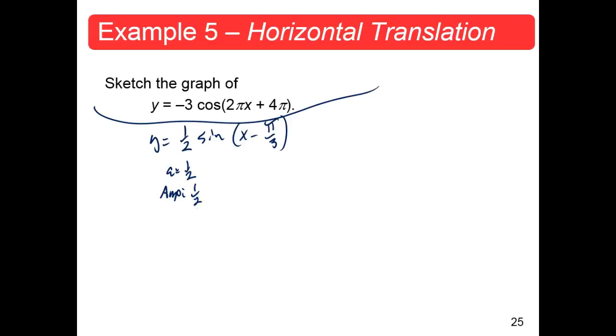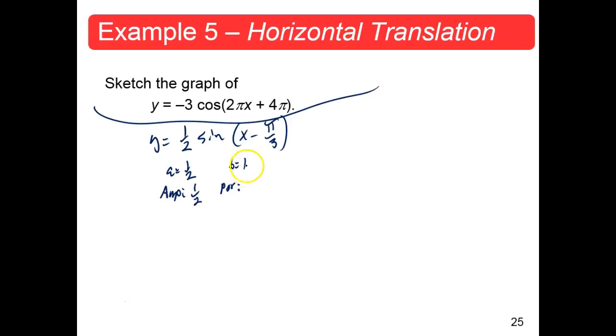Now, what's the next parameter we look for? B. What's your B here? If you don't see a coefficient, you understand it to be 1. And what does that relate to? Period. And how does it relate to period?